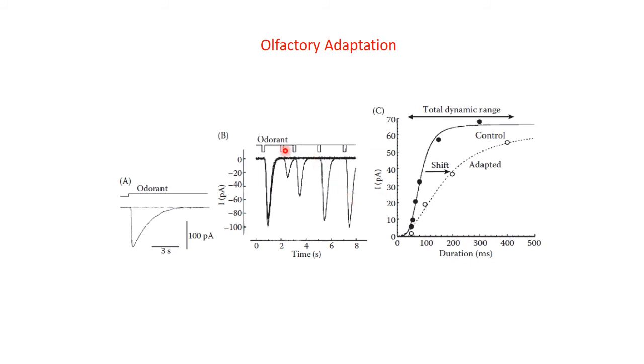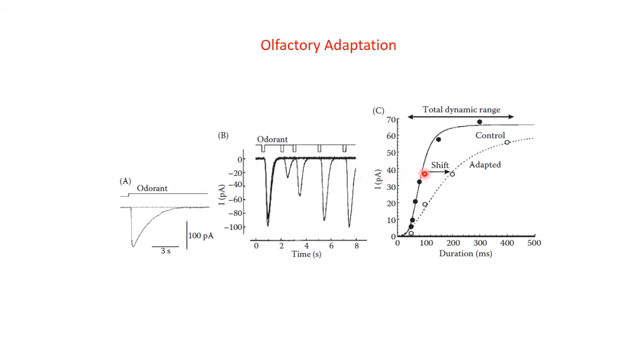And one of the reasons why we have this adaptation is that, again, like in the photoreceptor system, it amplifies the dynamic range of these cells. So, for example, here is application of an odorant that elicits a very specific response in the cells, with increased response with larger durations of odorants.